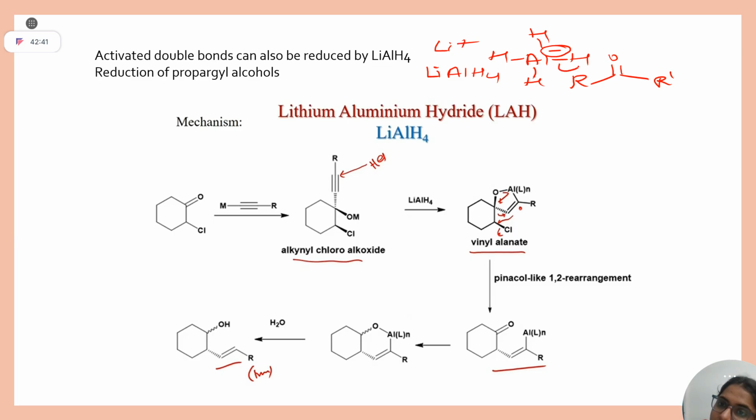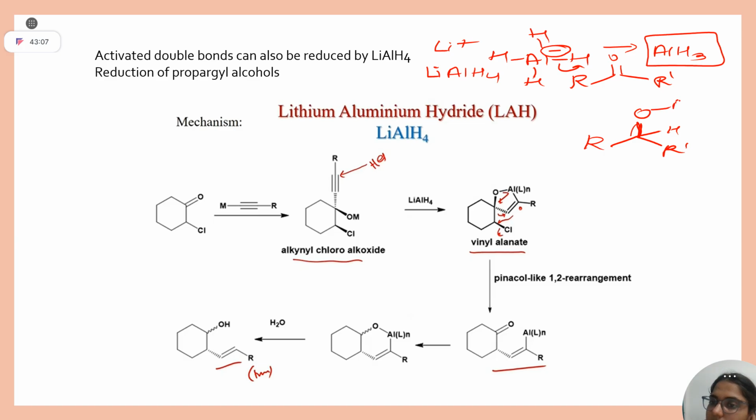Now, if it transfers one of the hydrides here, this O negative, after losing hydride, AlH4 negative will become AlH3. Now again it is electron deficient, yes or no? So it will coordinate with this O negative.